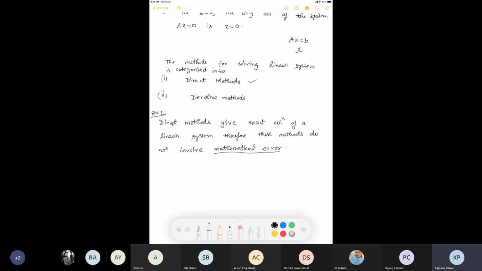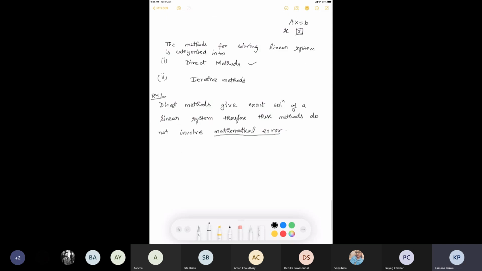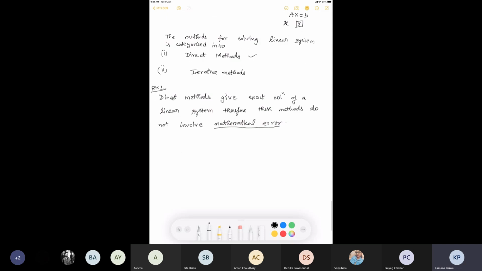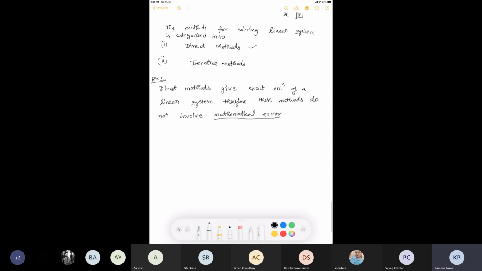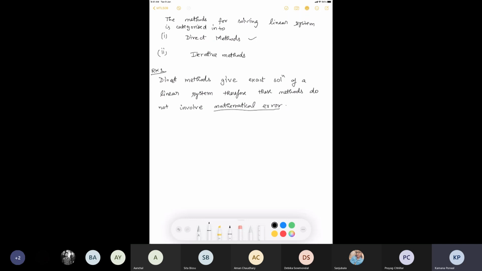This might still be an approximate value of the exact solution, in the sense that it might involve round off errors, because we know that the machine has its own limitations. So there's no mathematical error, but it will have some arithmetic error, that is, a round off error, if you're using a computer to find the approximate solution. Now, what do we do in the iterative methods?